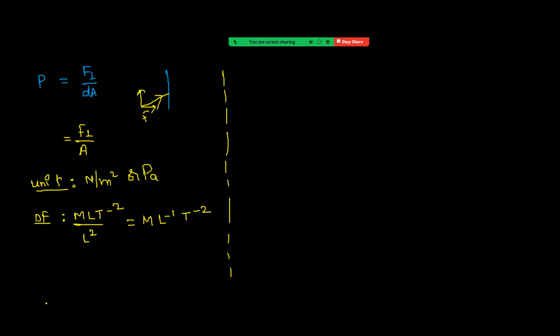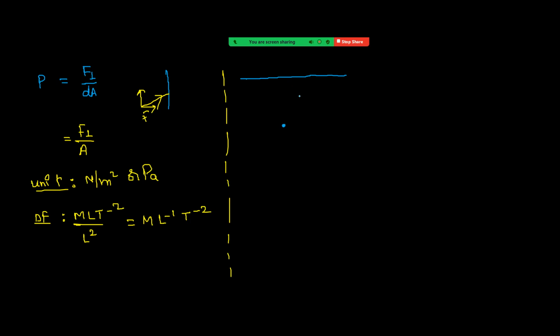So we want to calculate the pressure at some depth inside a liquid. See how to use this definition now. So this is the liquid surface. We want to calculate at some depth.